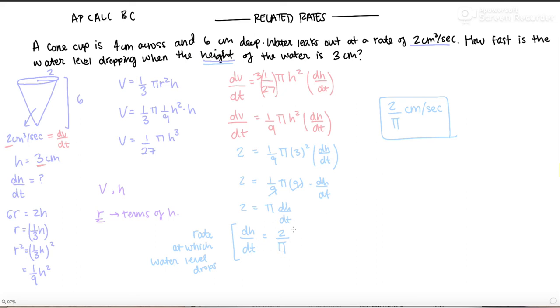And lastly, when you have that, you just want to rewrite it in units. So you can either leave it as 2 over pi, or you can put it as 0.637 centimeters over a second. Same thing. So that's all for related rates.